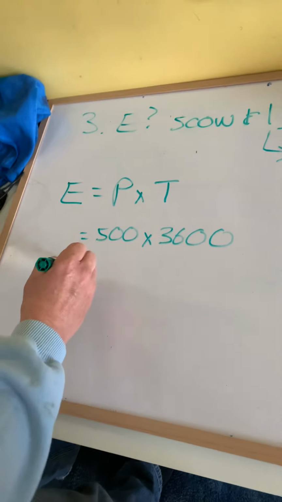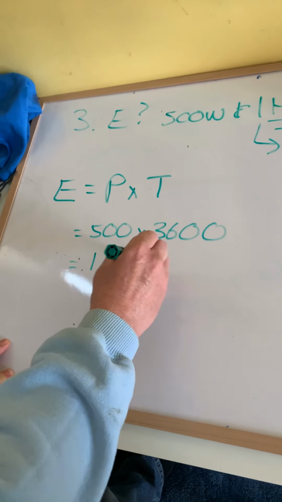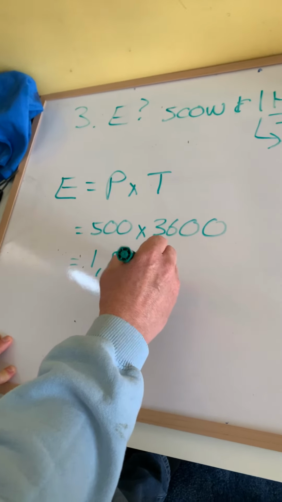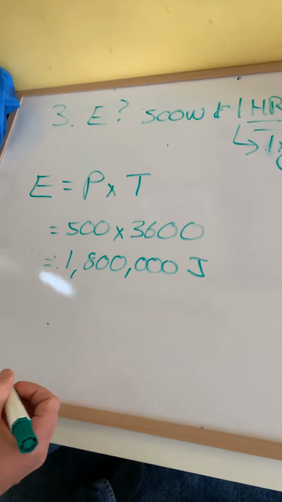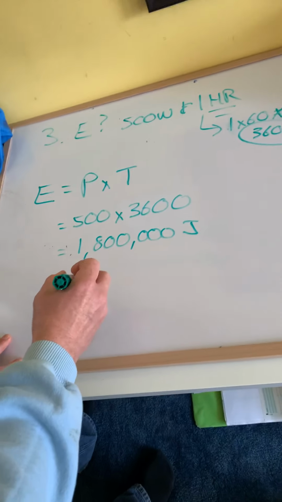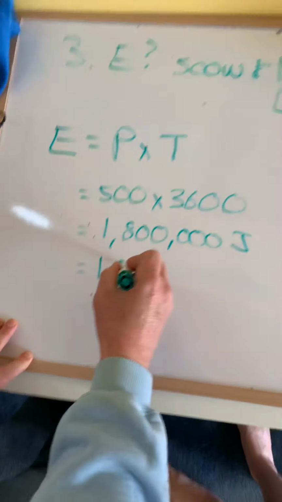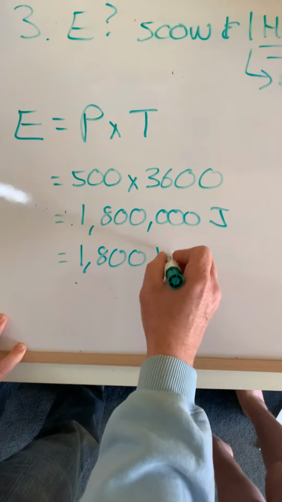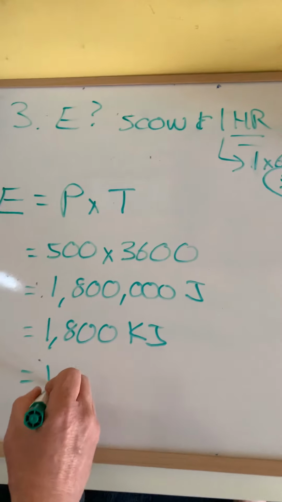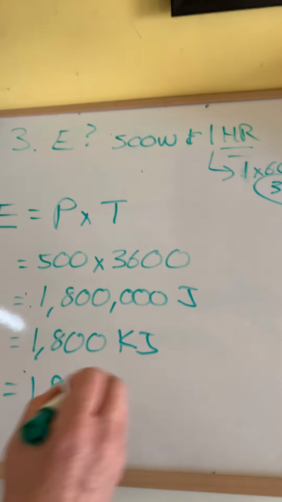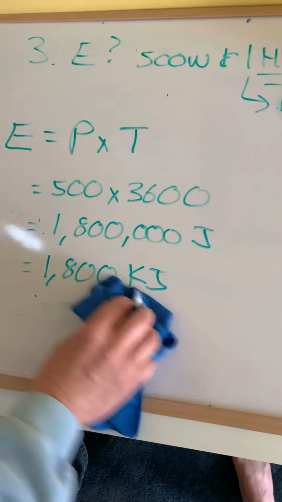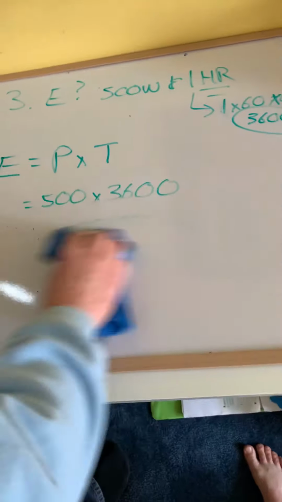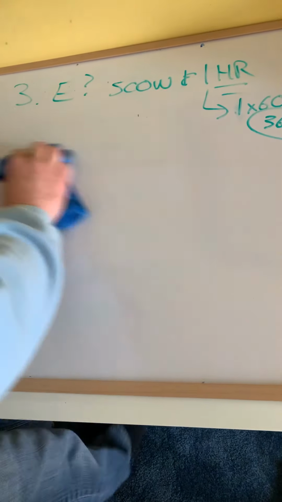That's going to give us a huge number, 1,800,000 joules. If we want to make that an easier number to read, we can break it down to 1,800 kilojoules, or even 1.8 megajoules. So just like all those prefixes you guys use in data storage, like bytes, megabytes, gigabytes, terabytes, same thing here.